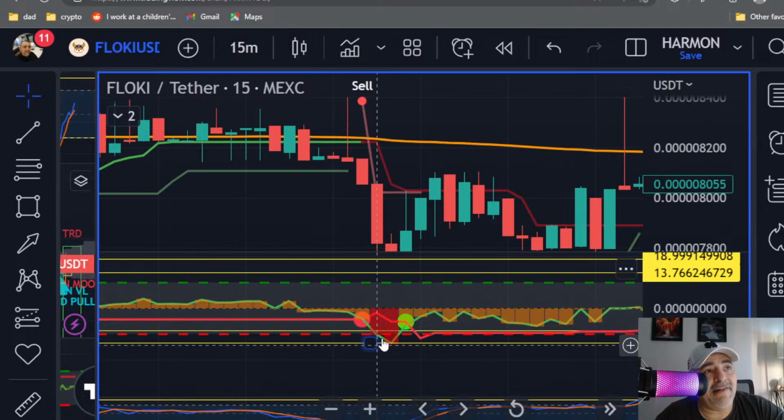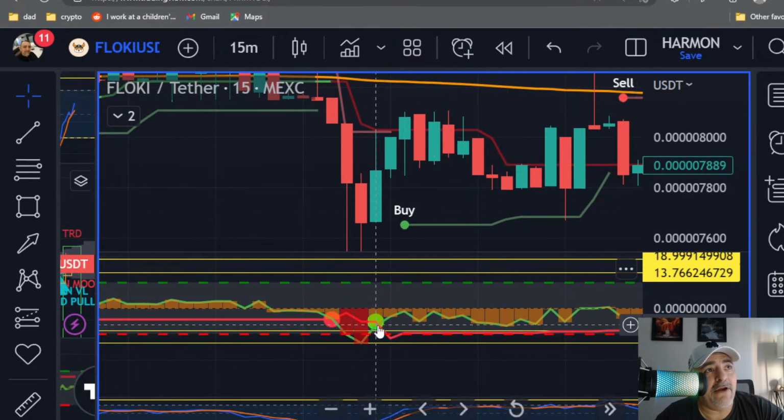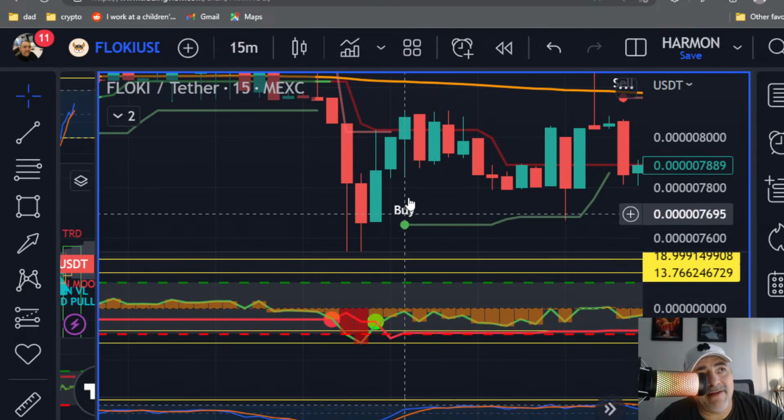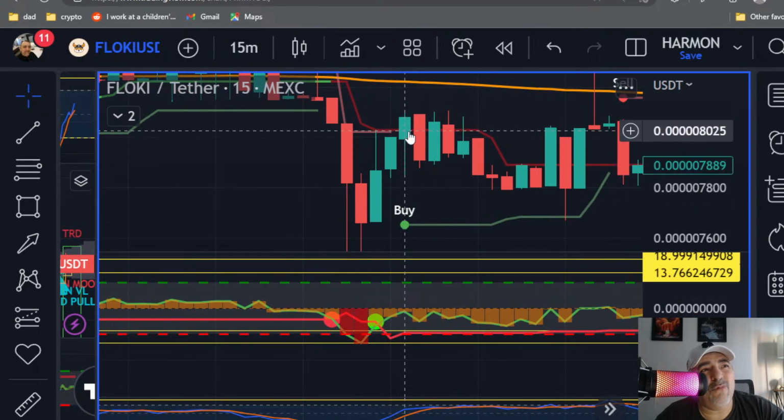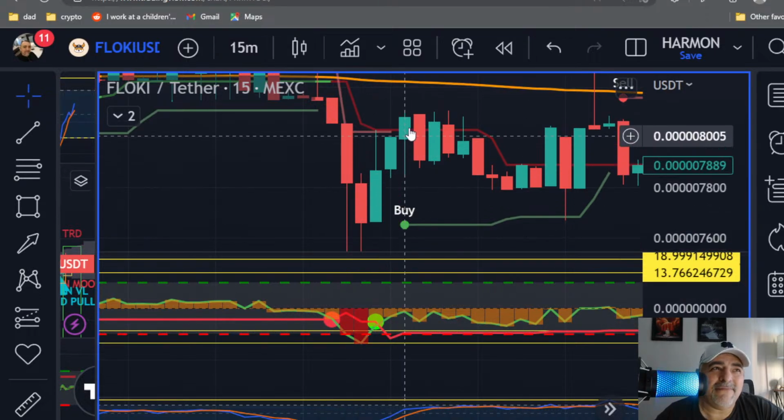Red moon resets. What do we have? Green moon. With that green moon, what do we got? Green moon, buy signal, 1%. See how that green moon, buy signal, is not as fancy as before, right? But this is also negative volume. So let's go down to negative volume.